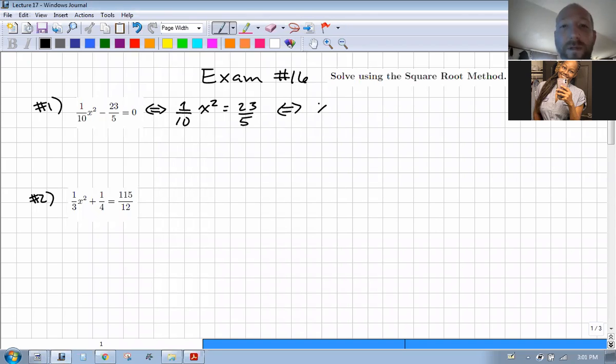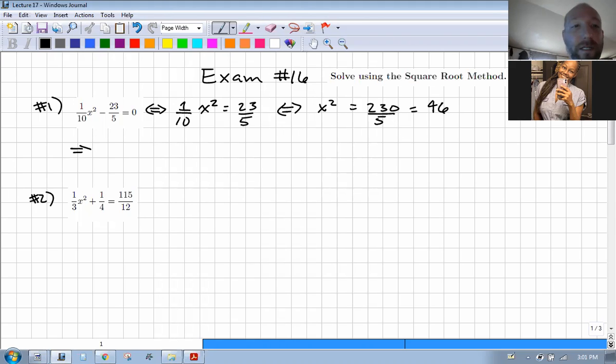Now we'll multiply both sides by 10. However you want to do this, let's see. 230 divided by 5 is 46.